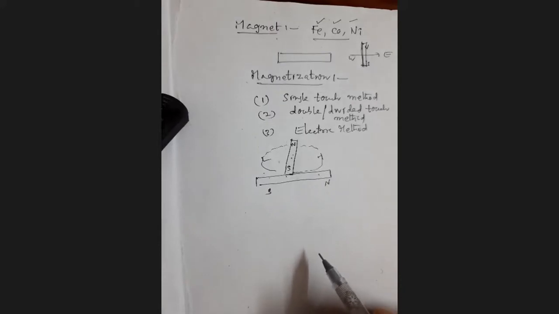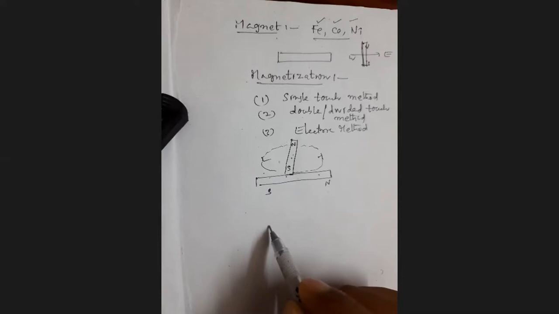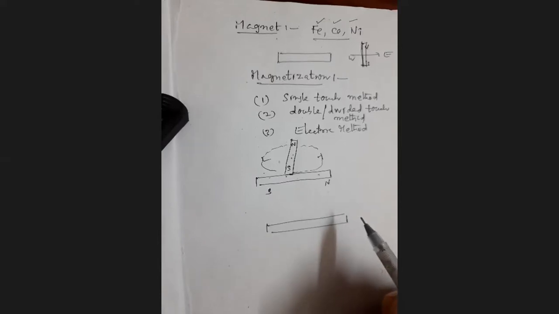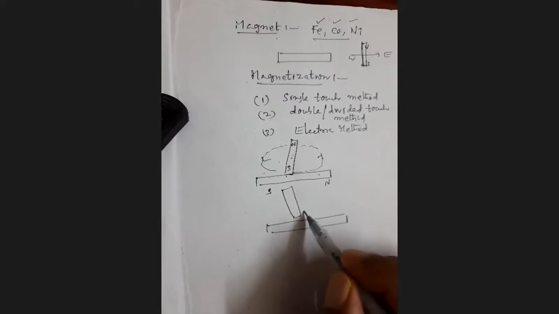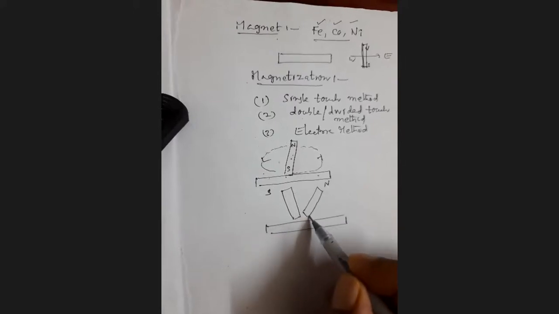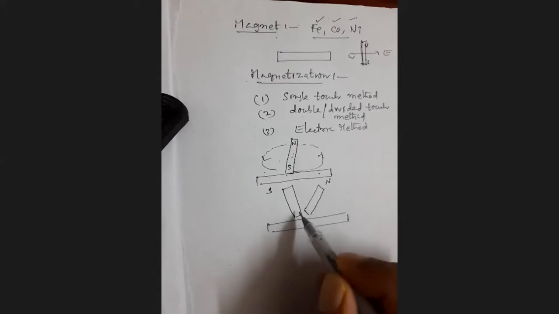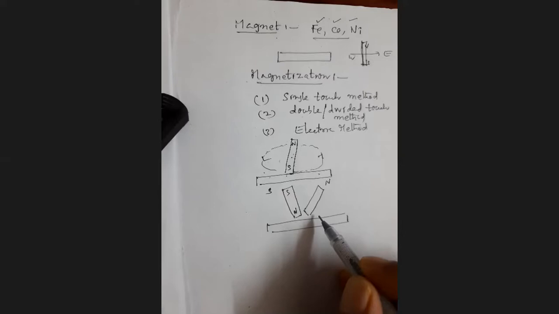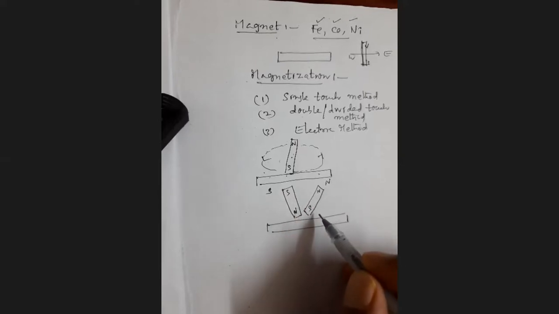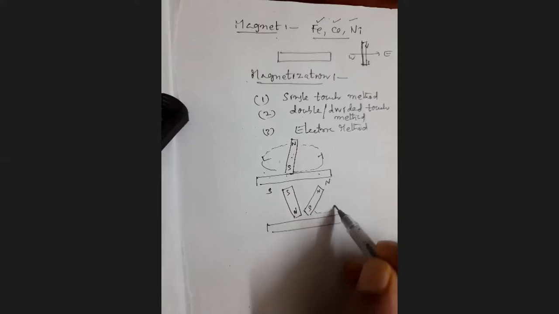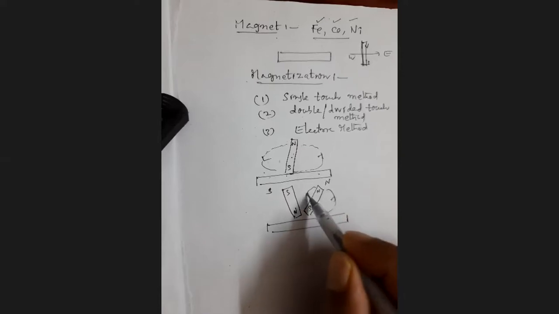The second method is the divided touch method. There we use two bar magnets. This is the iron bar which is to be magnetized, and we take two bar magnets and keep them on the iron bar like this. Say this is north pole and south pole, and south and north, so unlike poles are touching here. They are moved in opposite directions, as shown in this figure.